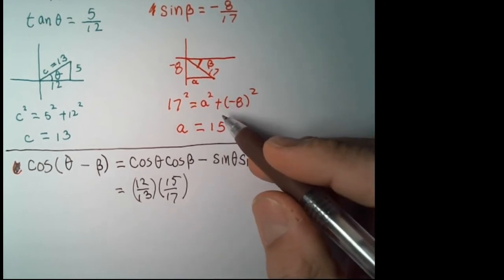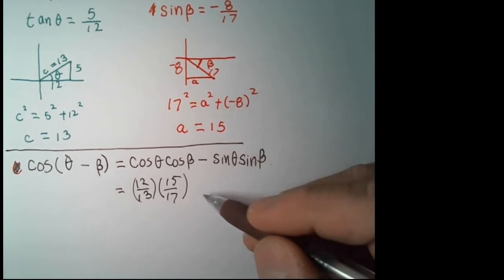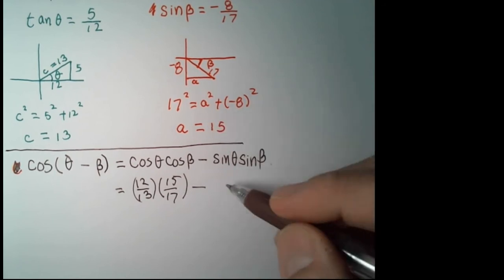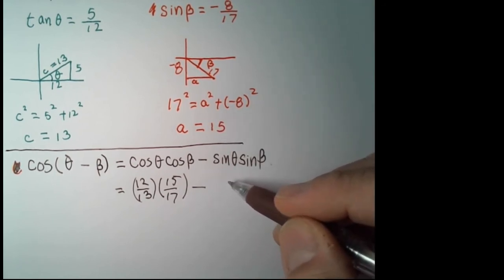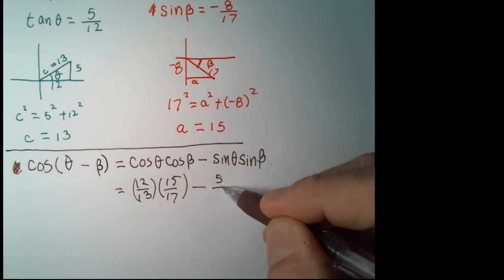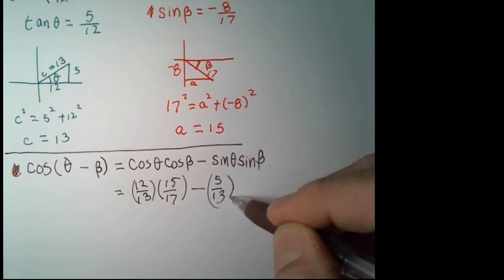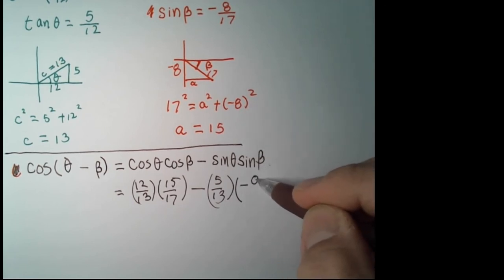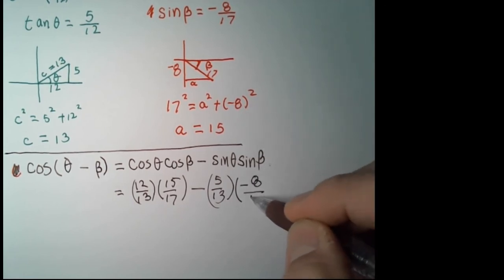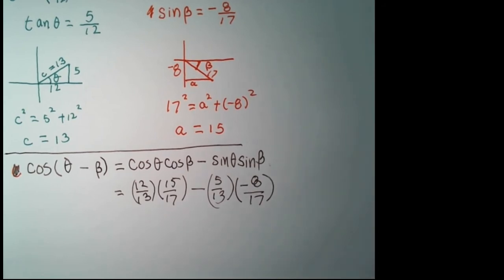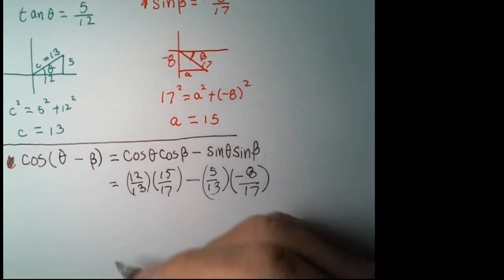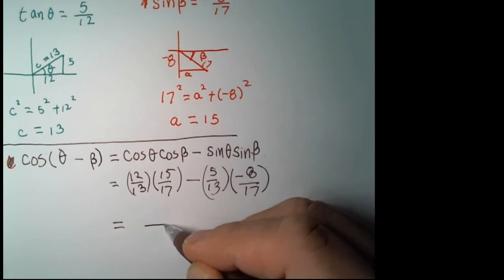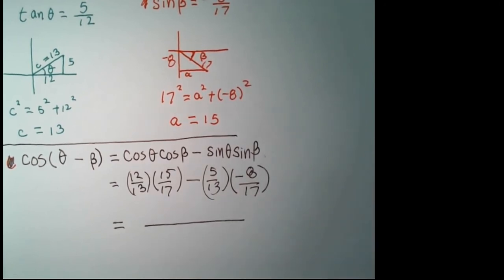Sine of theta is 5 over 13, and sine of beta is negative 8 over 17. Now it just comes down to simplifying. 17 times 13 is 221.